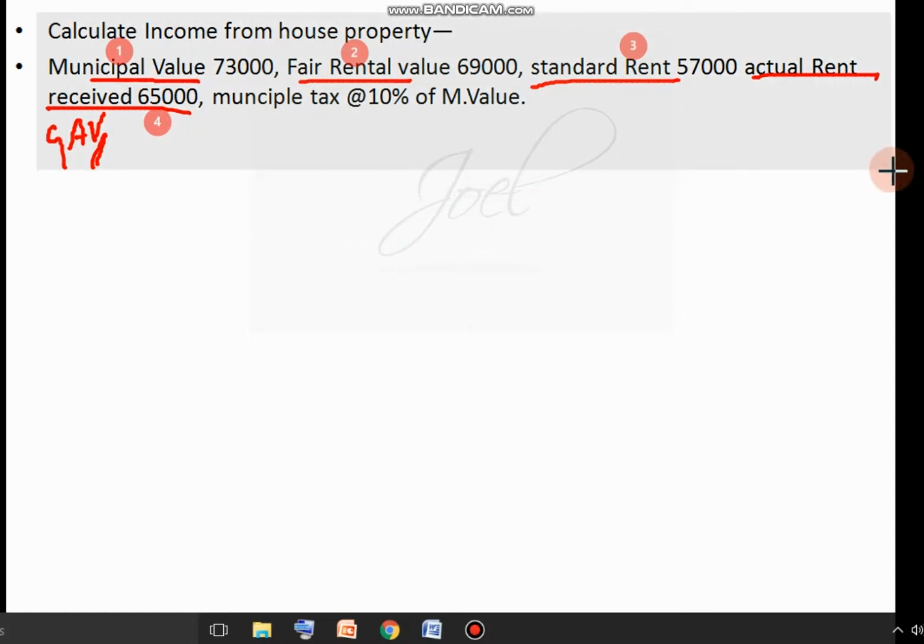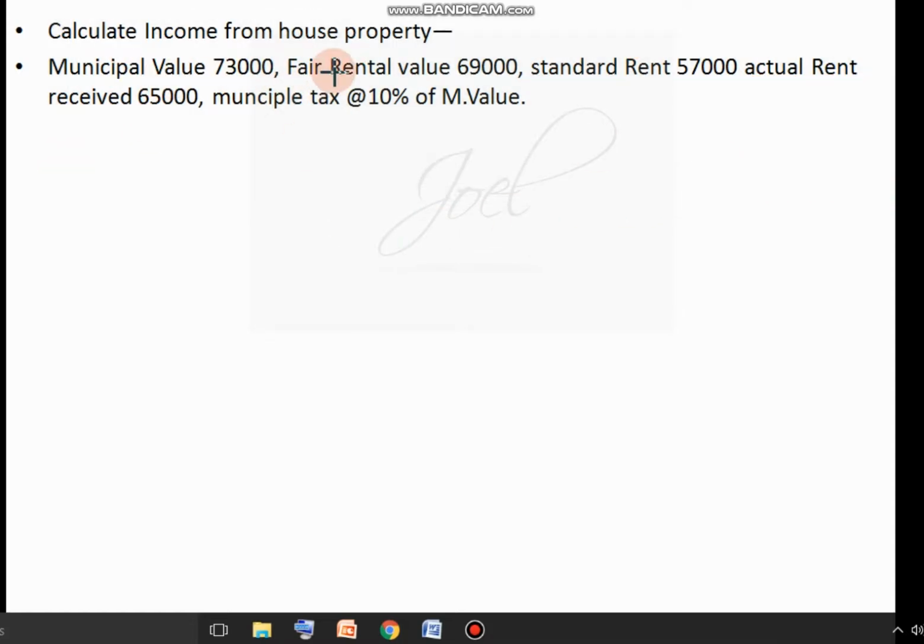How to calculate is: municipal value and fair rental value, whichever is highest, that amount is limited to standard rent. If standard rent is less, we are considering the lowest of the standard rent. Then actual amount received: when we compare that expected rent and rent received, whichever is highest is our gross annual value.